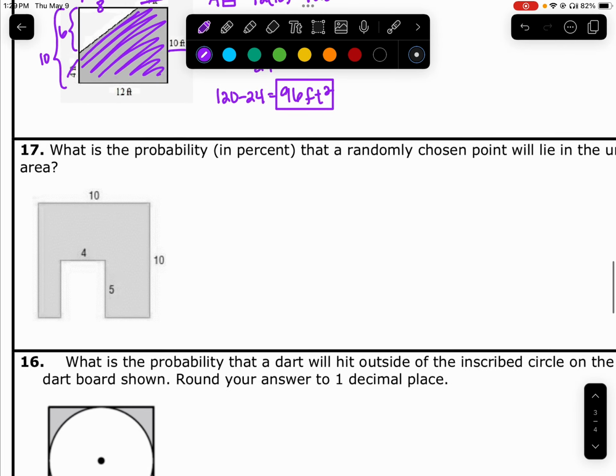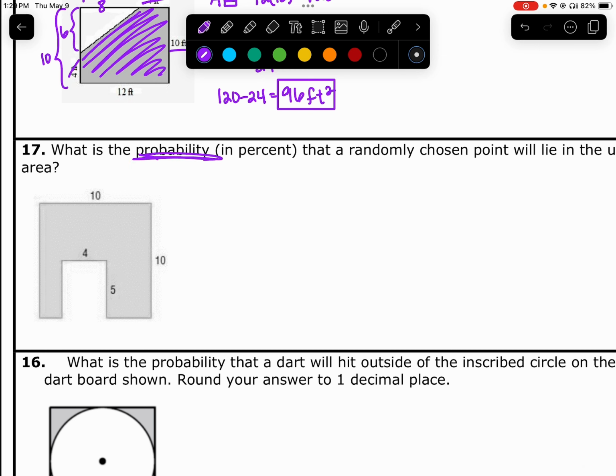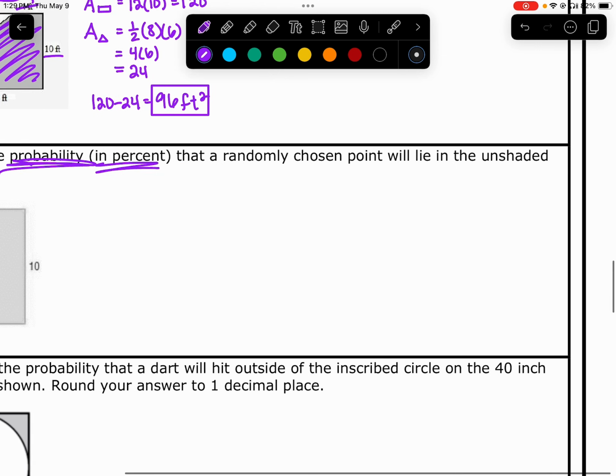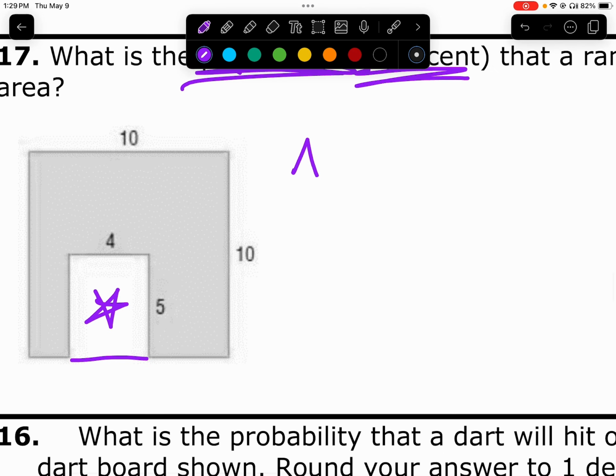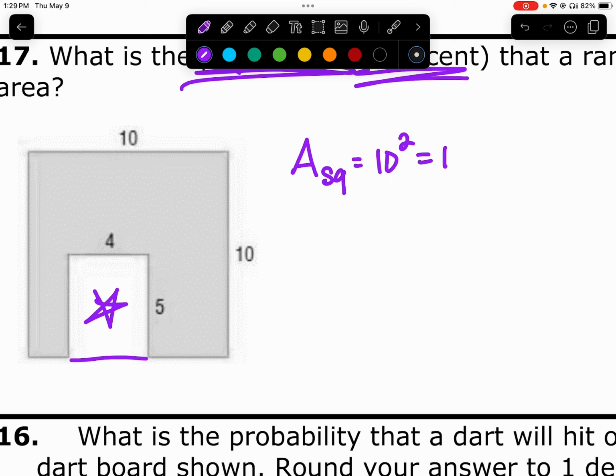Number 17, what's the probability in a percent that a randomly chosen point will lie in the unshaded region? So this would be the unshaded region right there. Okay, so the area of the square is 10 squared, which is 100.